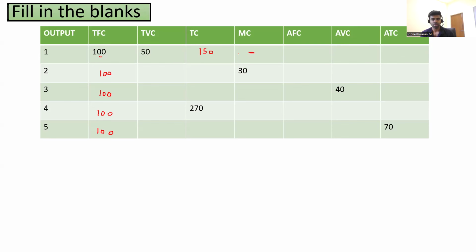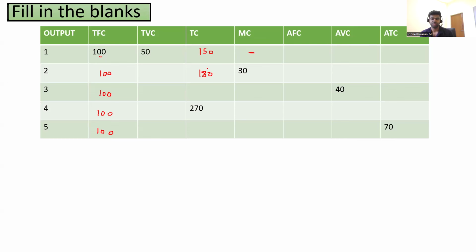Okay, now what do I want to find? Here they have given 30. That means this minus this, divided by 2 minus 1, will give me 30. So here it is 180, right? See, now you are getting it right.